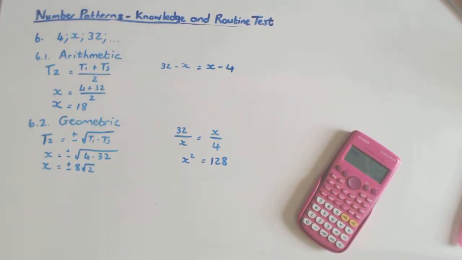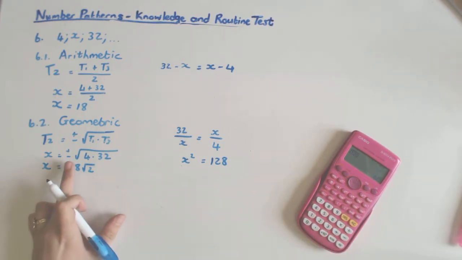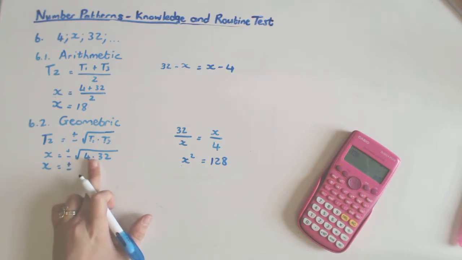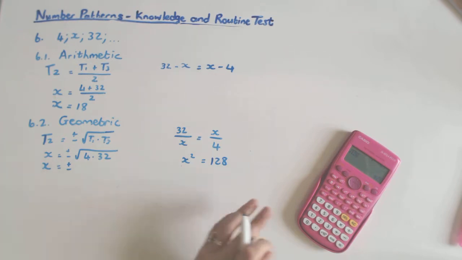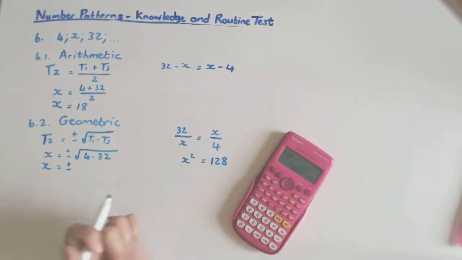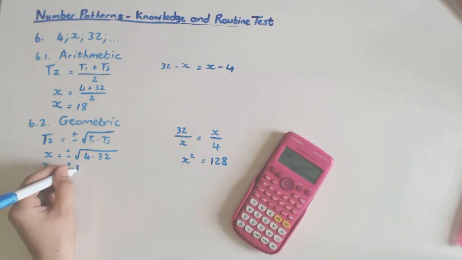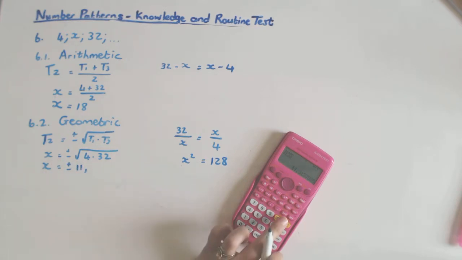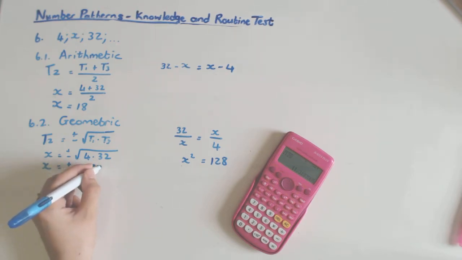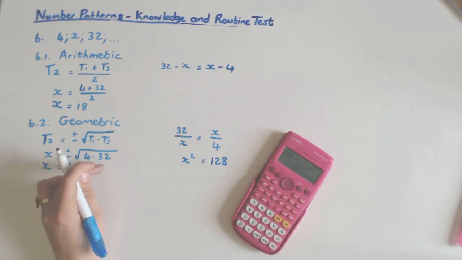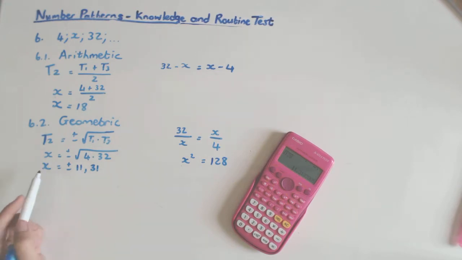Okay, and this question doesn't say leave it in surd form, so I'm not going to. Whenever it doesn't say leave it in surd form, don't leave it in surd form. So I'm just going to make this a decimal by pressing the SD button there. 11.313, so I can round off to 11.31.